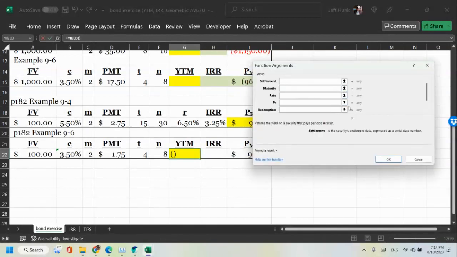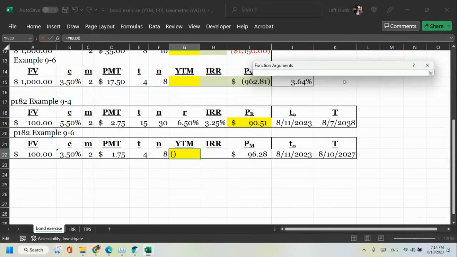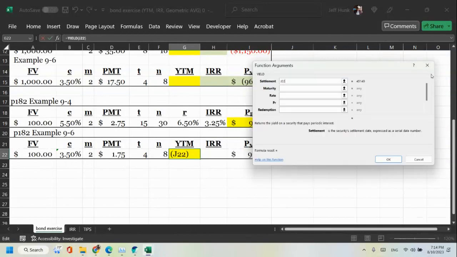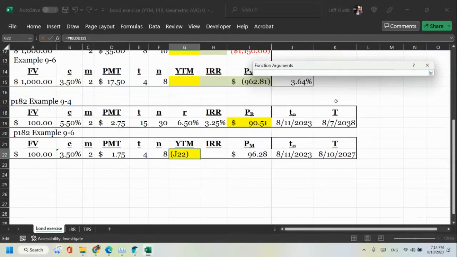Hit OK. And once again, give it what it's asking for. Settlement date, today's date. Maturity. You might wonder, why is it different? Now, time to maturity is only 4 years in this example. Rate, I've been telling you, is the coupon rate.